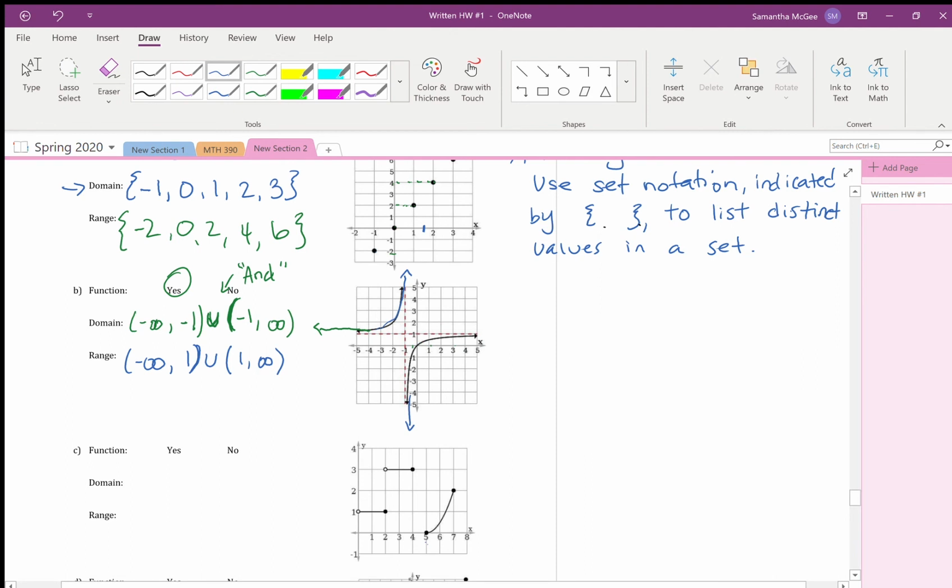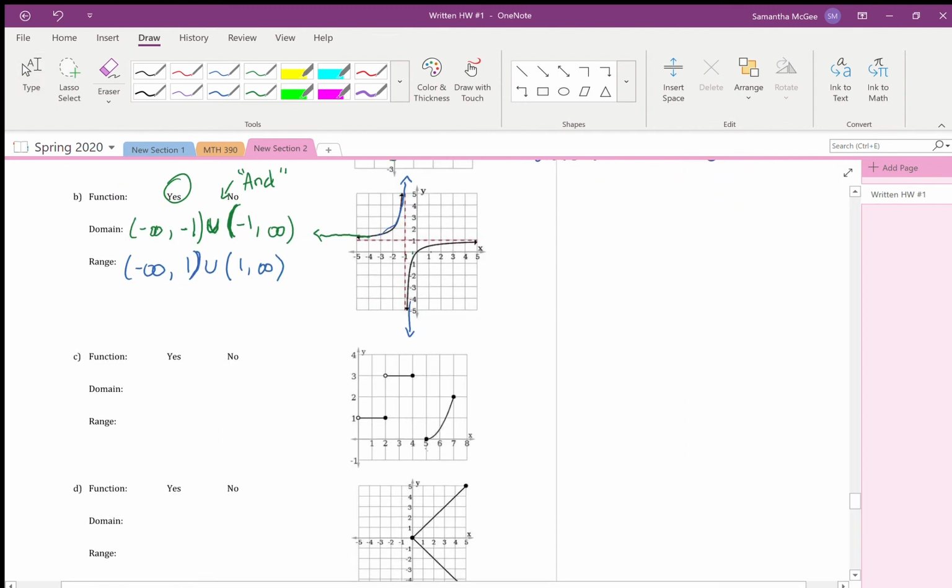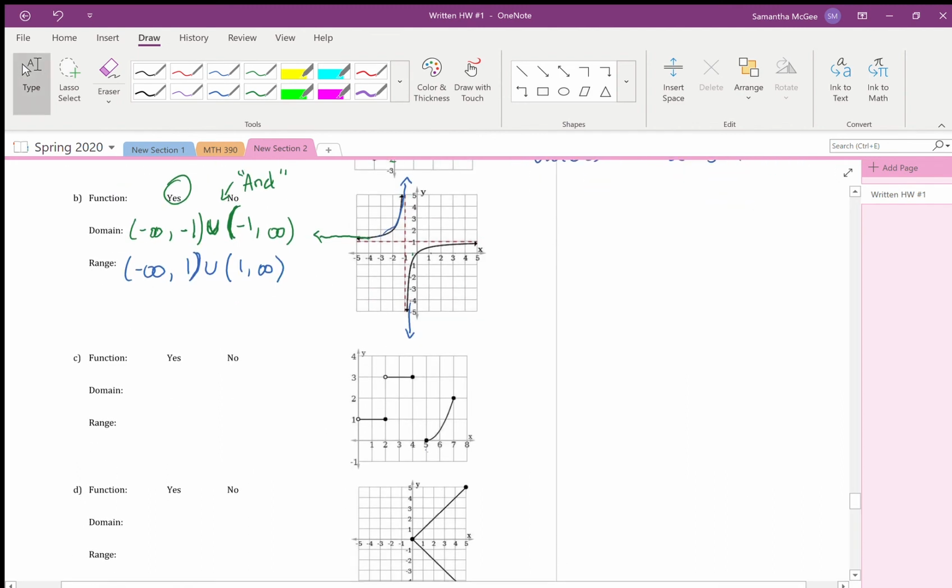Okay, last problem we'll talk about is part C. And again, this was another one of the problems where I saw a lot of people reflecting on it, and I thought it was really, really awesome. A lot of folks said, hey, initially I argued that this wasn't a function. It bothered me that when I looked at x equals 2, I saw this dot and what I thought was another dot at 3. Right? But then they said, hey, but then I noticed I have one dot that's actually filled in at 1, and this other dot is open.